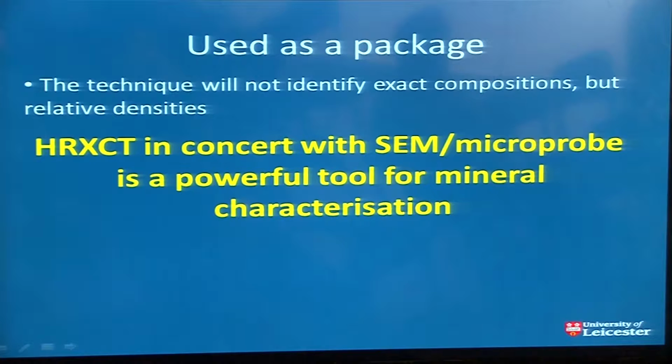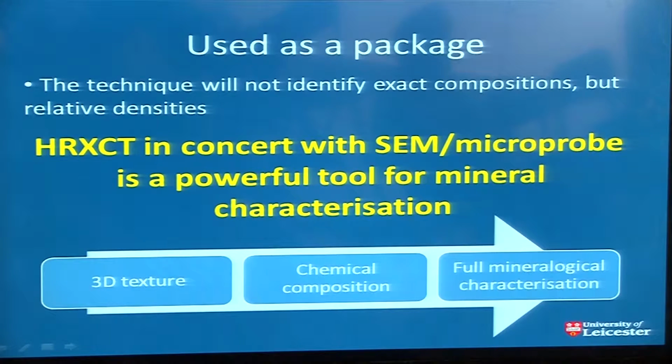So you have to use this technique in concert with something like SEM or microprobe, which gives you the compositional data. And then together, as a package, it's a really powerful tool for mineral characterization. The three-dimensional textures from CT, the chemical compositions from something like SEM, giving you a mineralogical characterization.